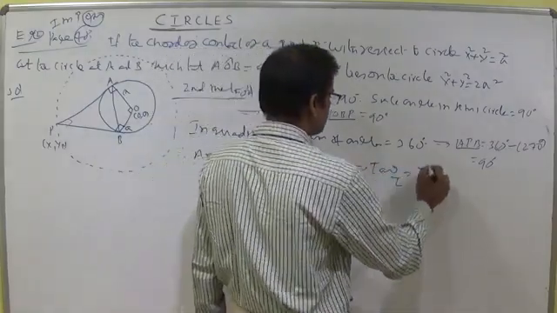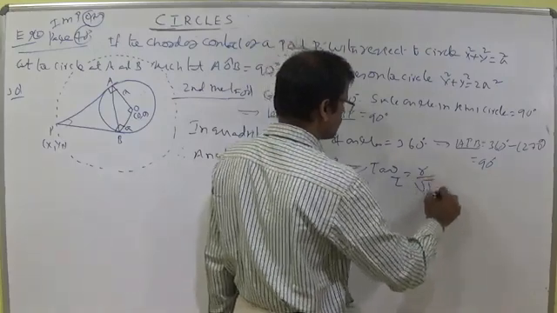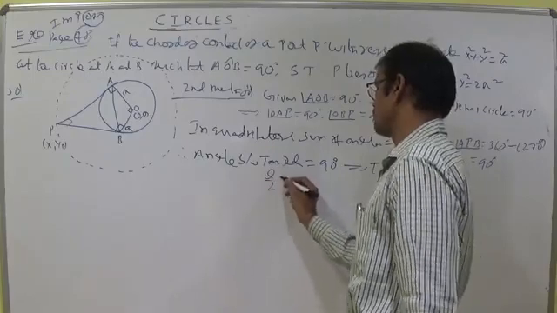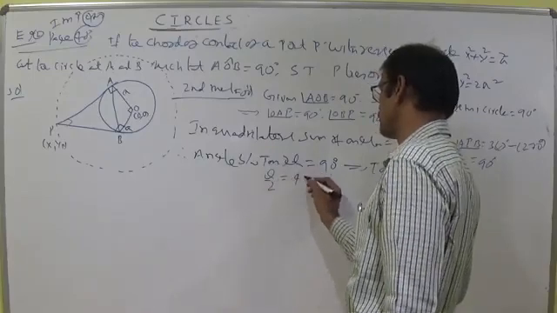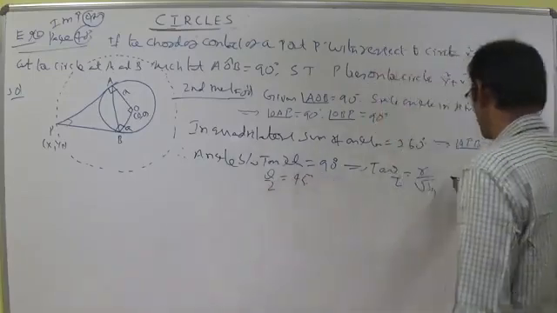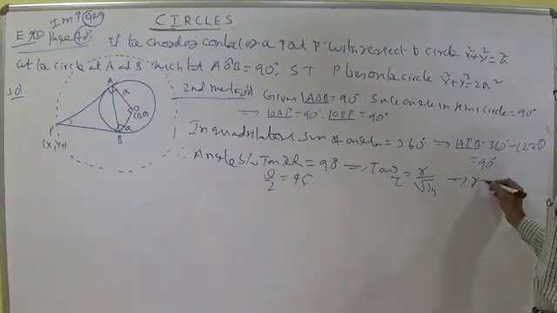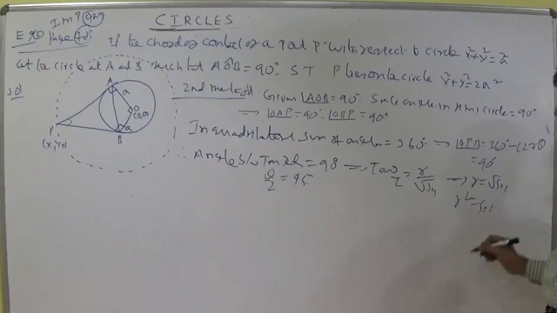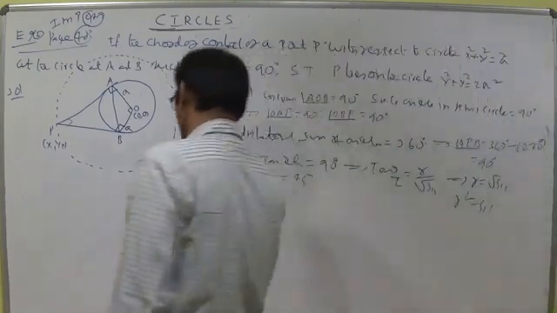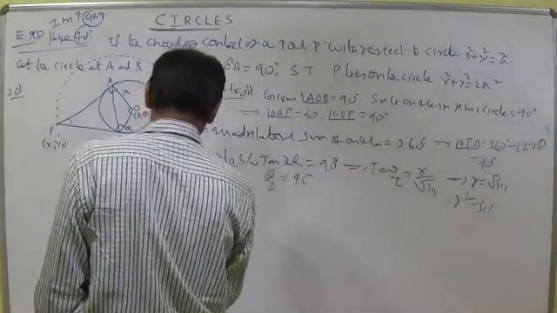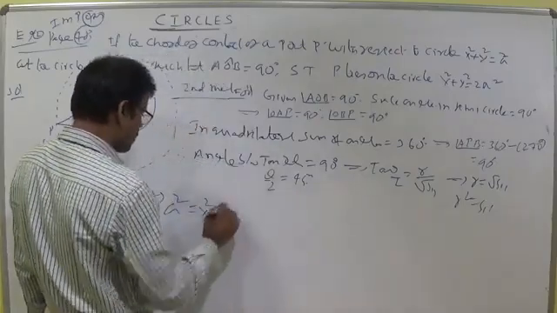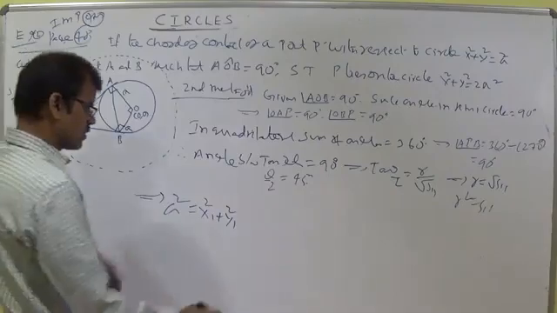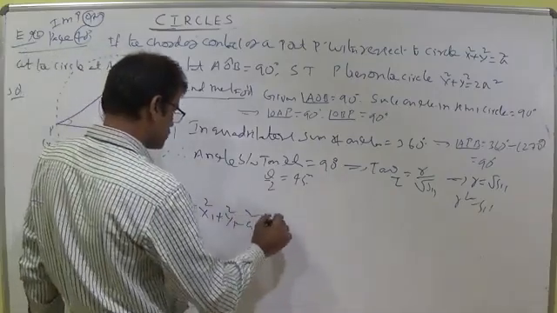Using the formula, for the angle between tangents equal to 90 degrees, tan theta by 2 is equal to r by root s11. Here theta by 2 is equal to 45. Then tan 45 equal to 1, and r is equal to root s11. By squaring both sides, r square is equal to s11. What is r square here? A square. s11 for this circle is x square plus y square minus a square.